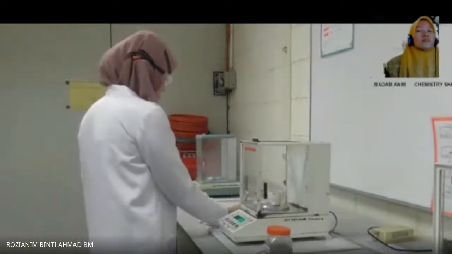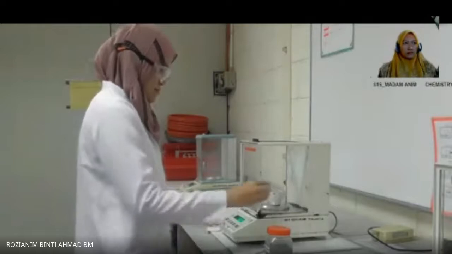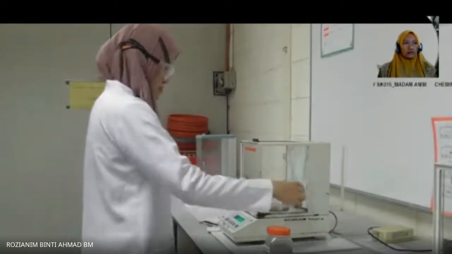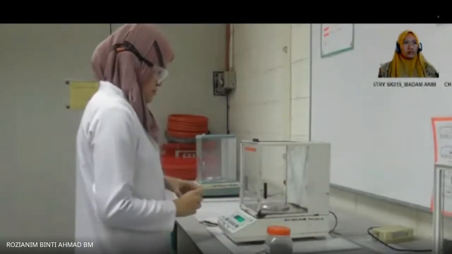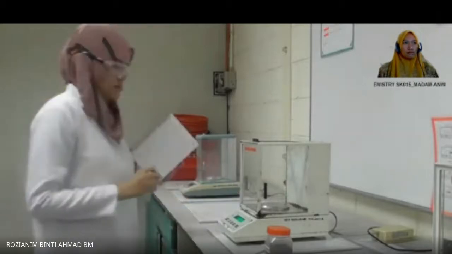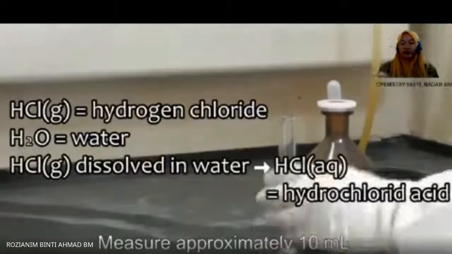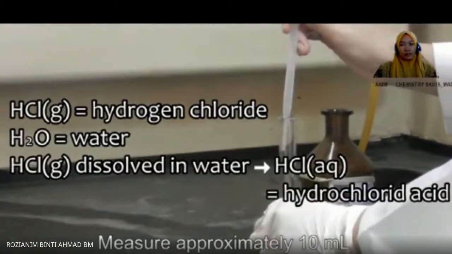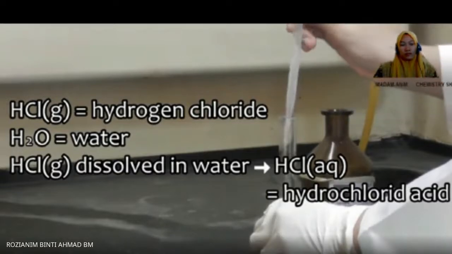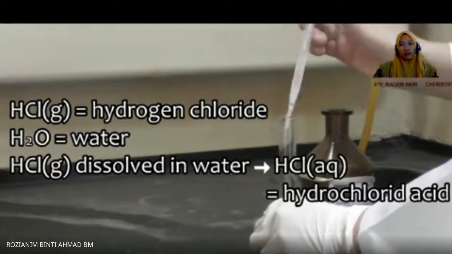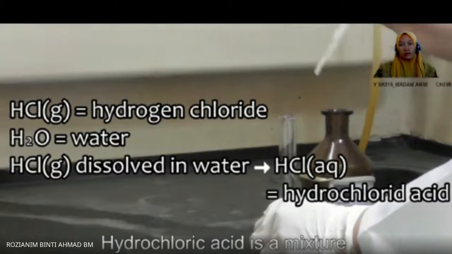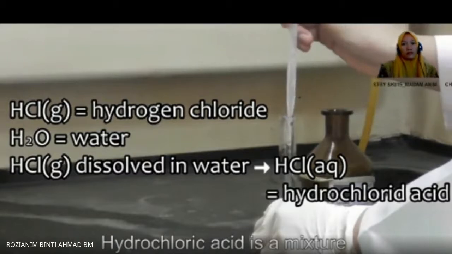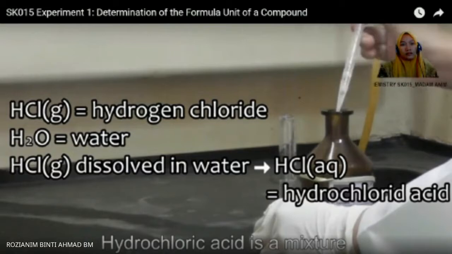Record its exact mass. Measure approximately 10 milliliters of 6 molar hydrochloric acid using a measuring cylinder. Hydrochloric acid is a mixture of hydrogen chloride and water.